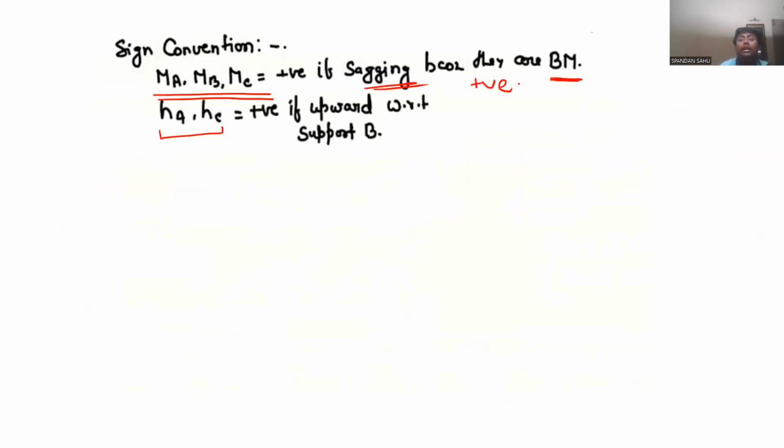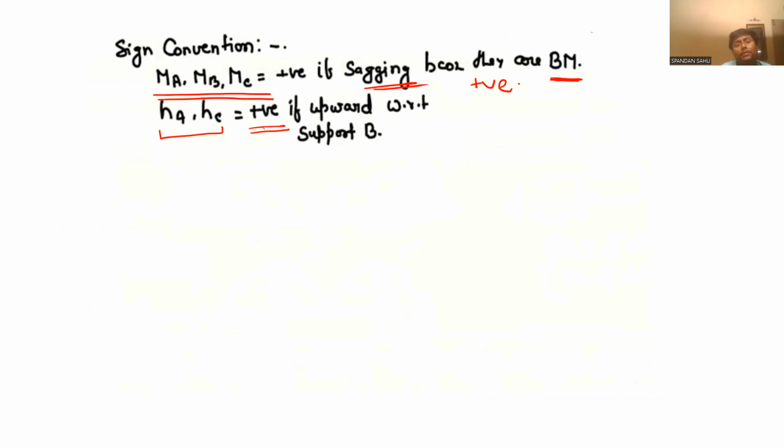If they are at a higher elevation, then it will be positive. If they are at a lower elevation, it will be negative. This thing is done. You got an idea about the sign convention?